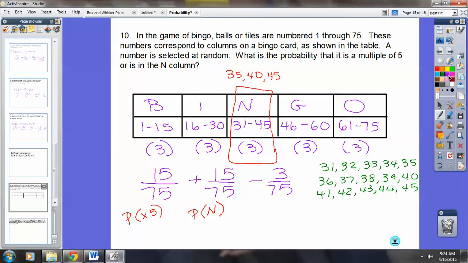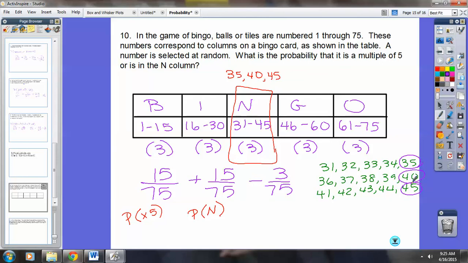Now, there are 3 numbers that I counted twice. 35, 40, and 45. You see that? These 3 numbers I counted when I did my multiples of 5. I also included those 3 numbers when I did numbers in the end column. We can't count them twice because that would just skew off our probability here. So we need to subtract out those 3 numbers that we counted twice. Does that make a little more sense?